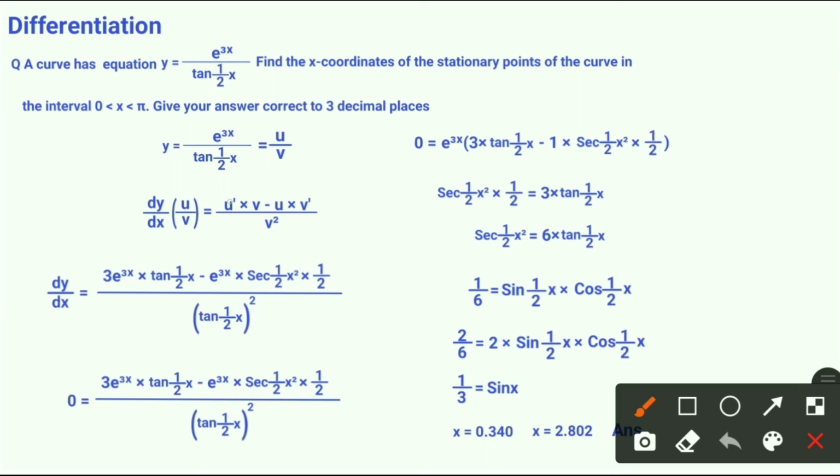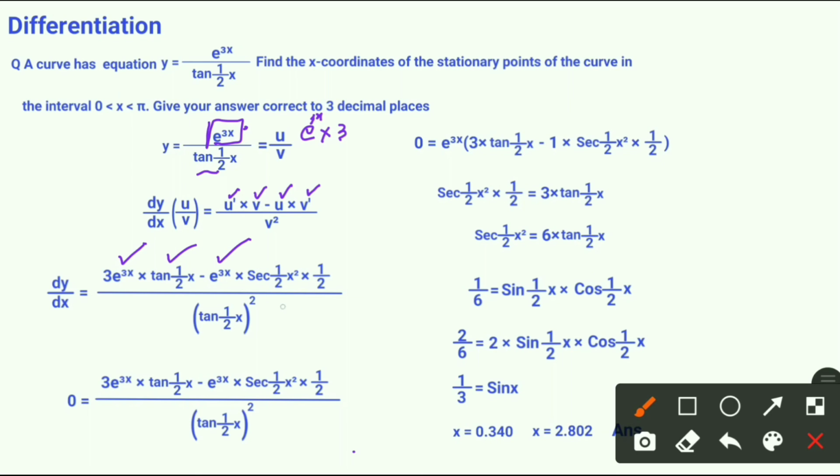So using the quotient rule, we know that the derivative of u upon v is the derivative of u times v minus u times the derivative of v, all over v squared. So u is e to the power 3x, and the derivative of this is e to the 3x multiplied by 3. Then we all know what v is.